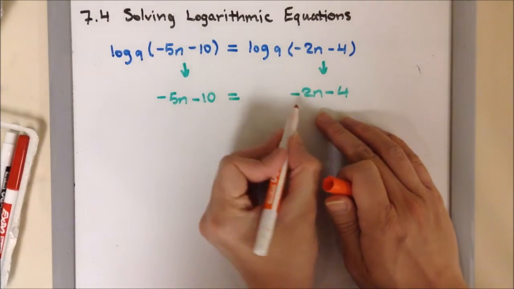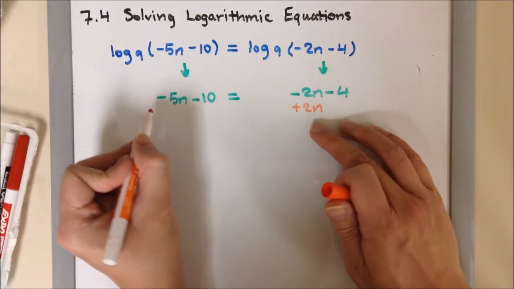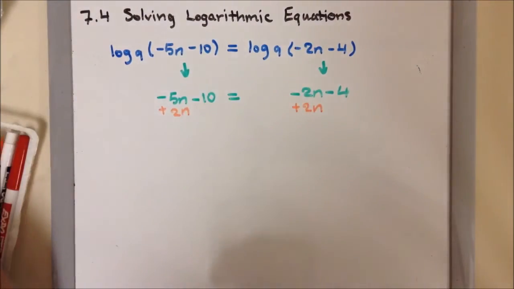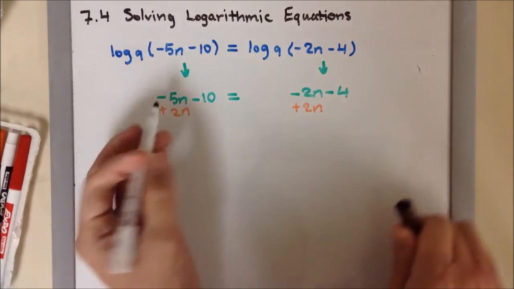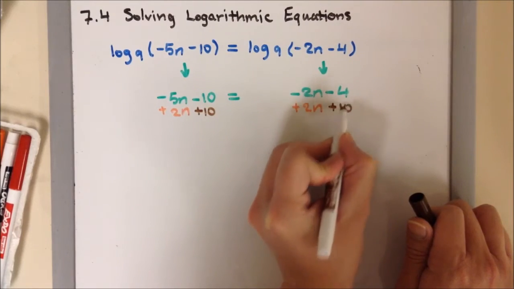So I'm going to cancel out the negative 2n, have all my n's on the left side, so I'm adding 2n on the right, adding 2n on the left to balance. And then I'm going to cancel out my minus 10, so I'm going to add 10 on the left, and then add 10 on the right to balance.